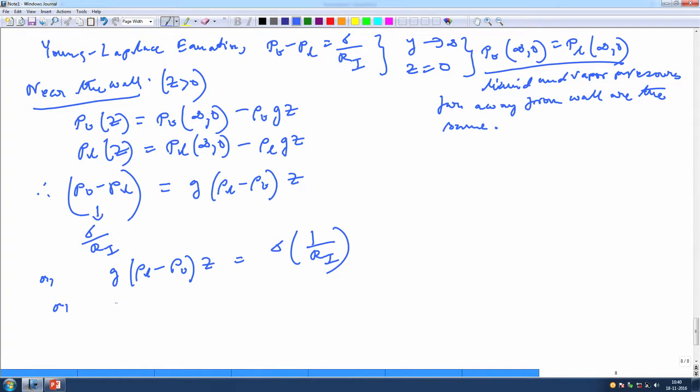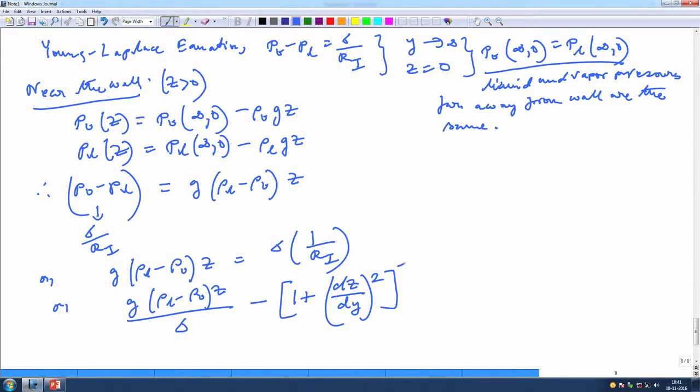So, therefore, g (rho_L minus rho_V) z divided by sigma minus 1 plus (dz by dy) square minus 3 by 2 d square z by dy square must be equal to 0.